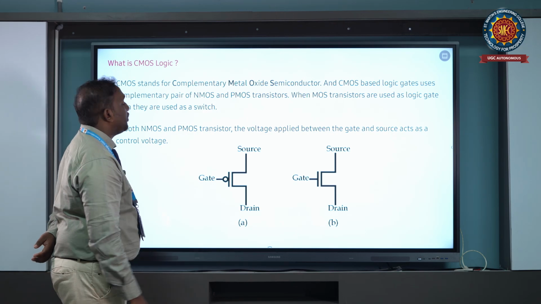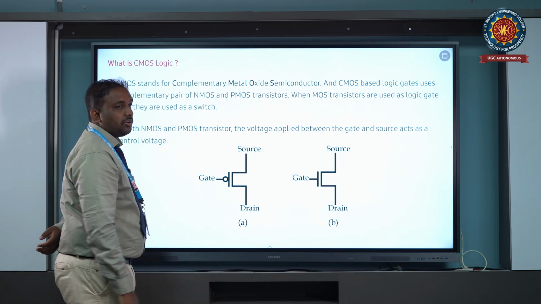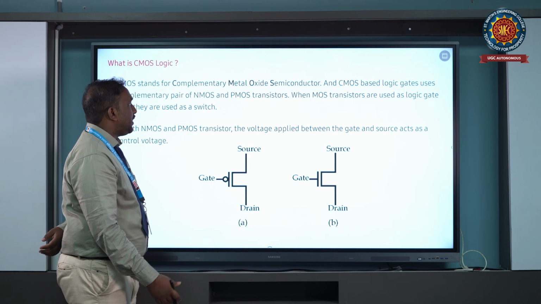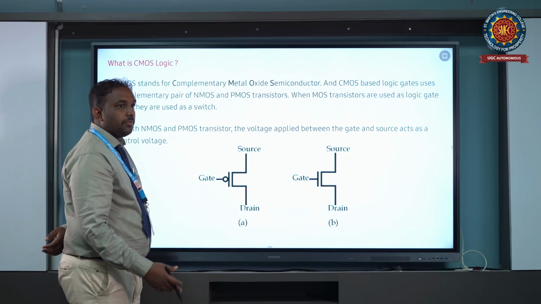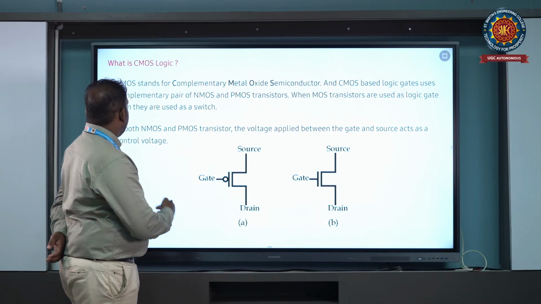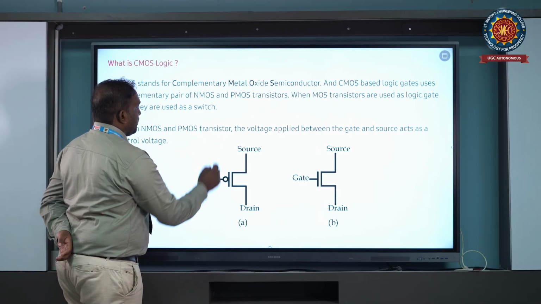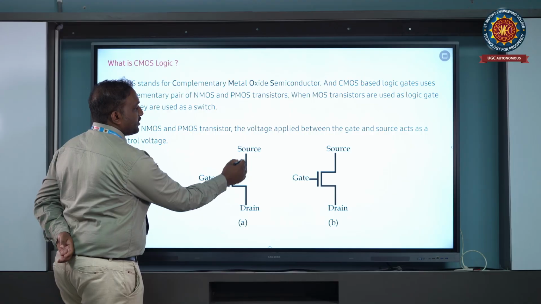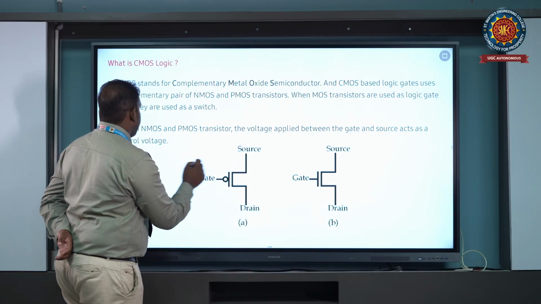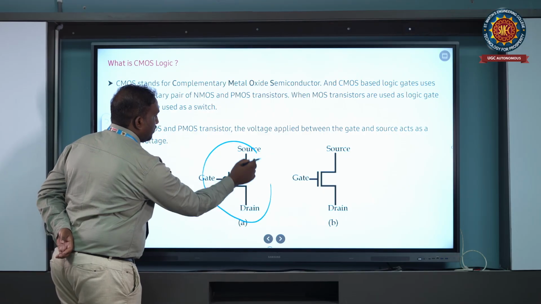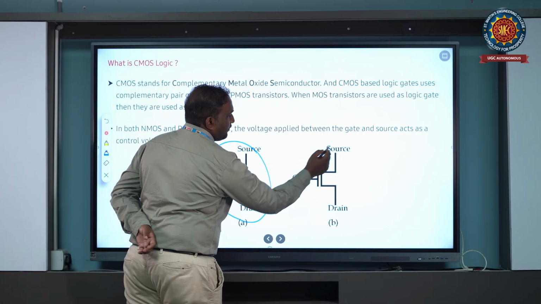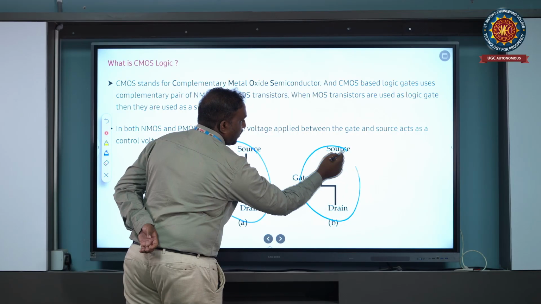Next, coming to CMOS logic. CMOS means complementary metal oxide semiconductor. It is a combination of both NMOS and PMOS transistors. Previously I explained that this is the PMOS symbol and this is the NMOS symbol.